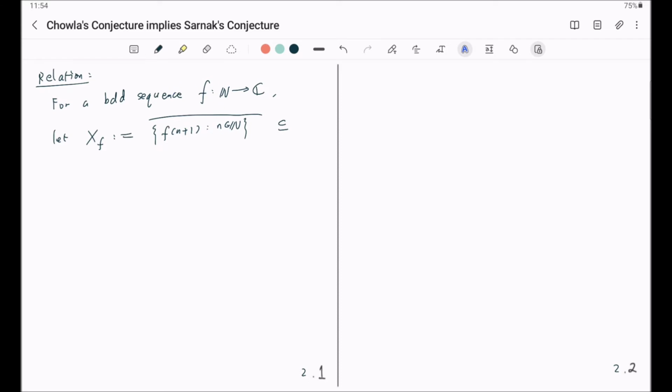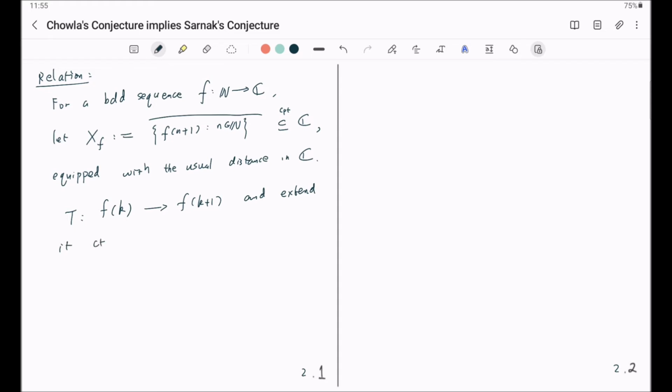Because the sequence is bounded, its closure must be compact. So this is a compact subset of C, equipped with the Euclidean distance in C. And we consider the transformation T that sends f(k) to f(k+1), and we extend this continuously to the closure X_f.